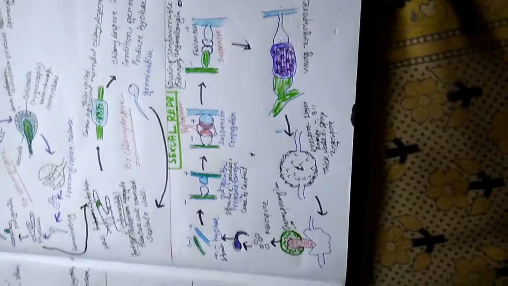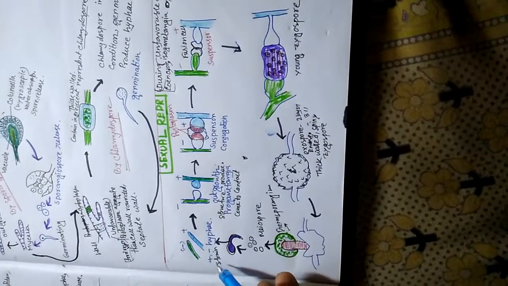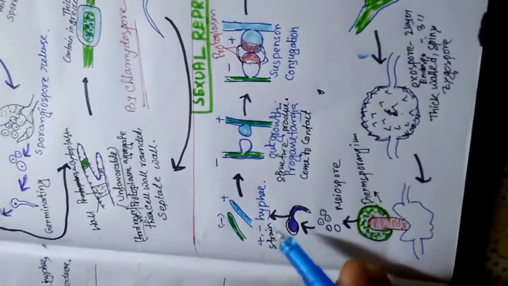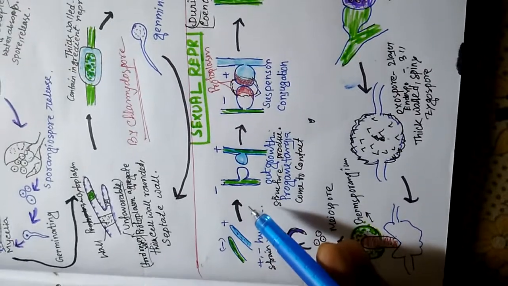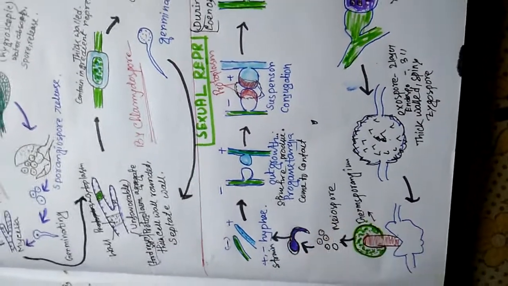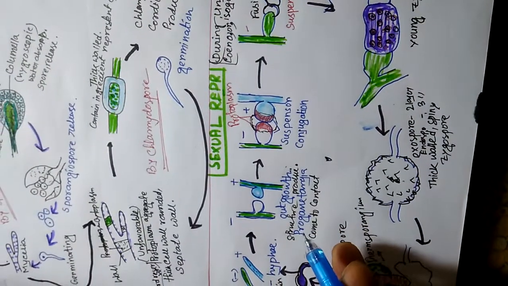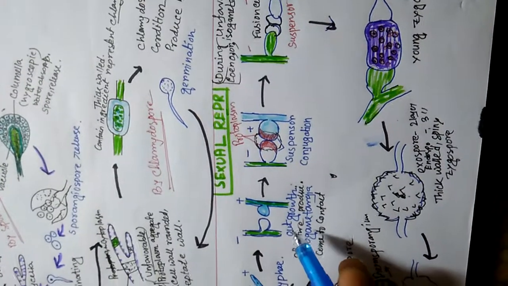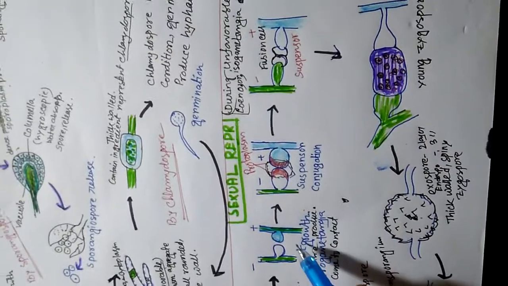Next, I will discuss sexual reproduction. Sexual reproduction takes place by opposite strains, one plus and another minus strain or hyphae. When the plus and minus strain hyphae come into contact near each other, outgrowth-like structures are produced. These are called progametangia.